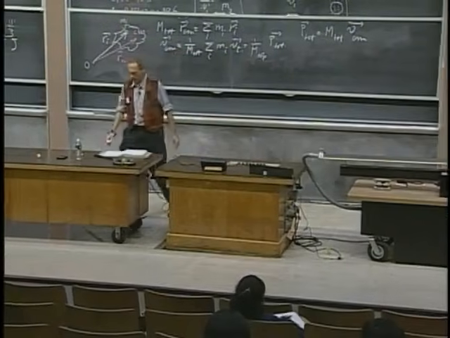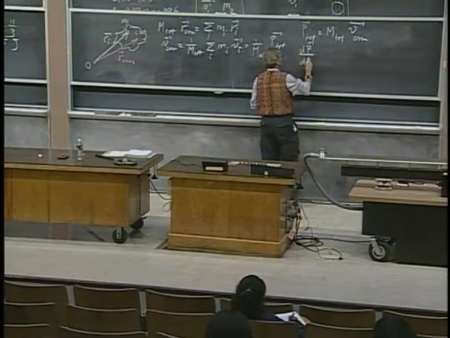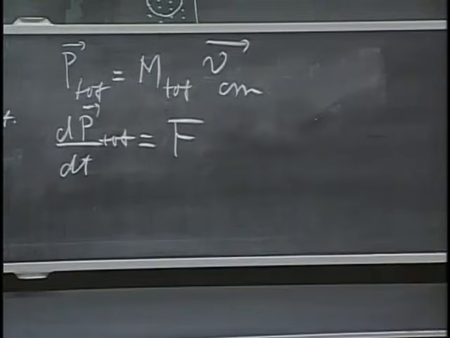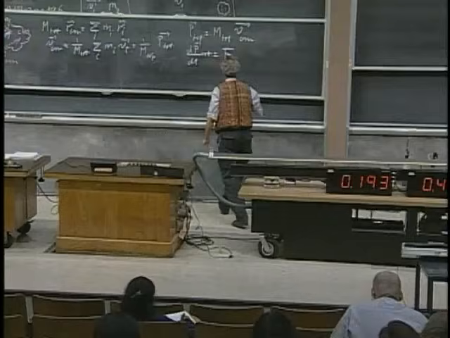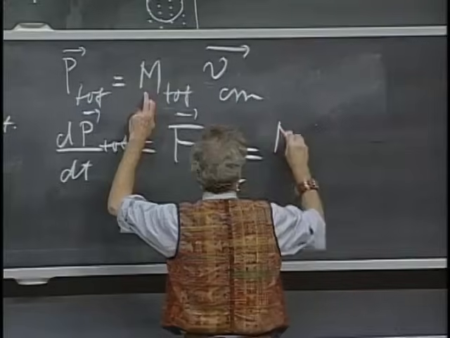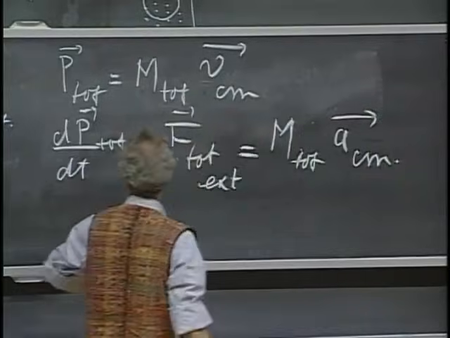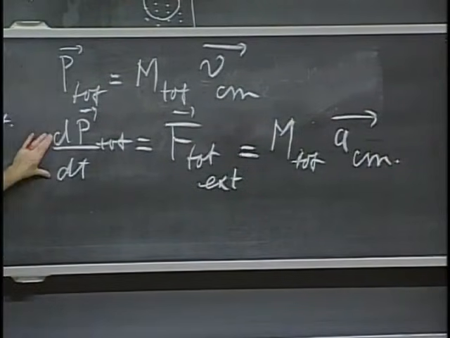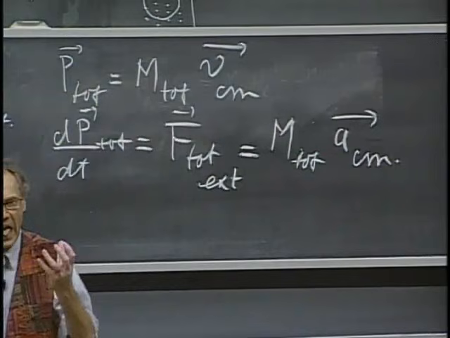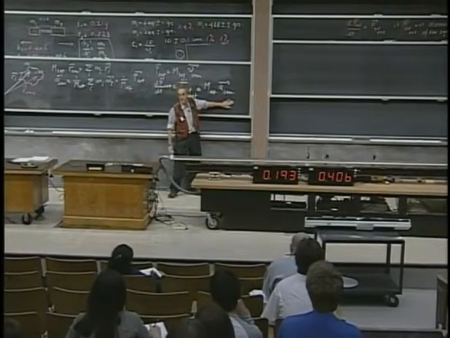And if I take the derivative of this, then dp/dt of the total momentum, of which we learned that dp/dt is the total external force, we already learned that earlier, that now is the total mass of the system times the acceleration of the center of mass, because I take the derivative of this equation, that gives me the dt here, and the velocity changes to acceleration. And look at this. This is really an amazing statement. This says F equals ma.